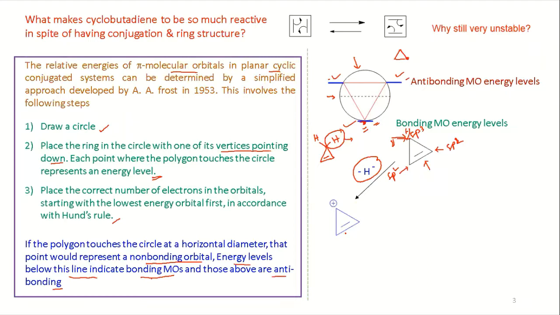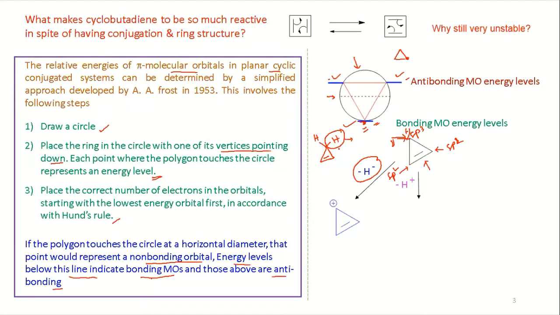Similarly, if you take out the H plus, abstract only the proton, what are you going to have? If you take out the H plus, what is it going to make? Quickly. Anion. Great.